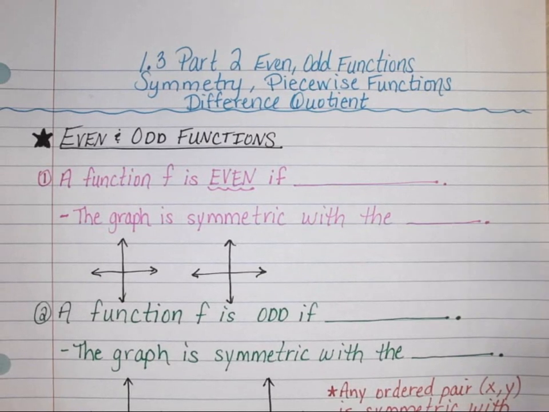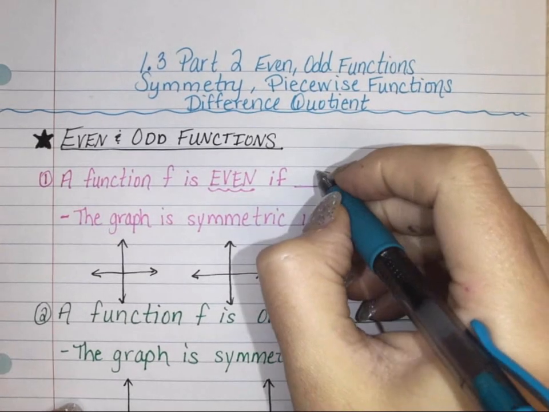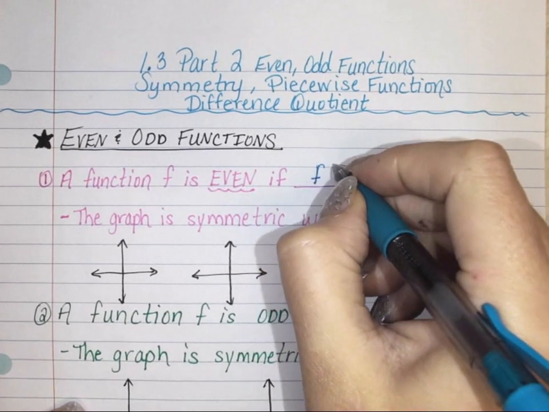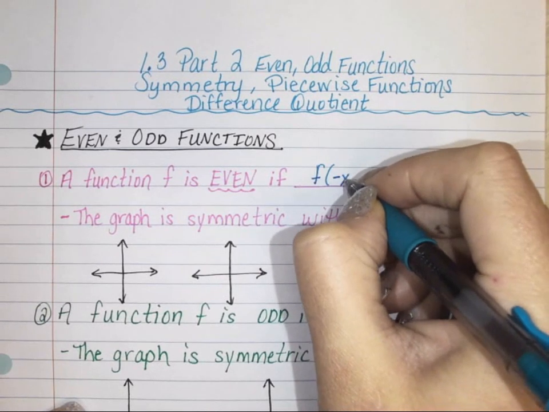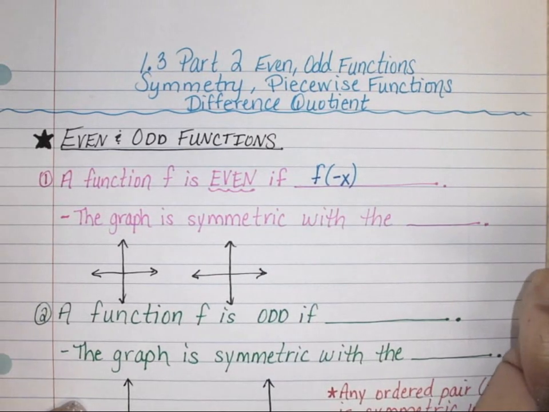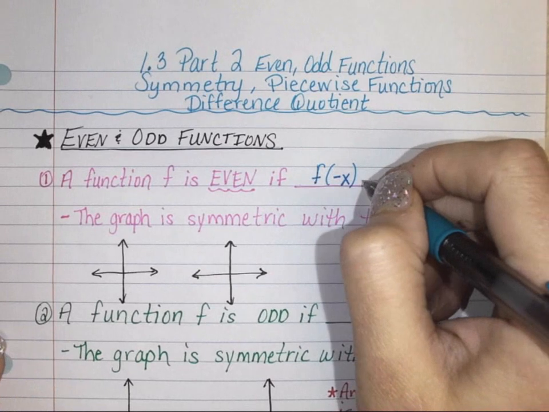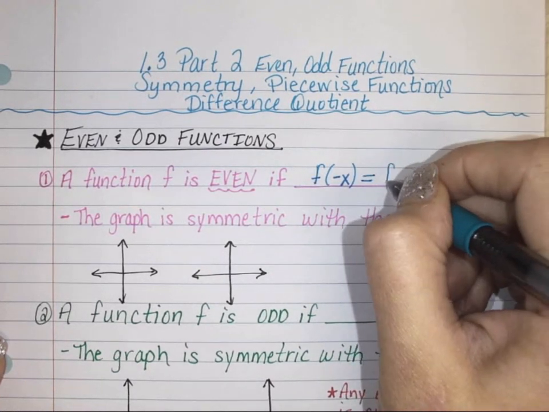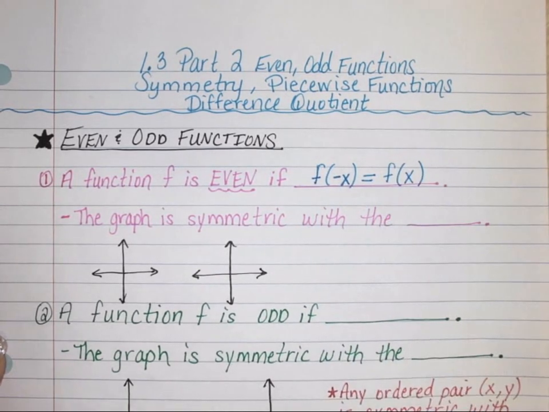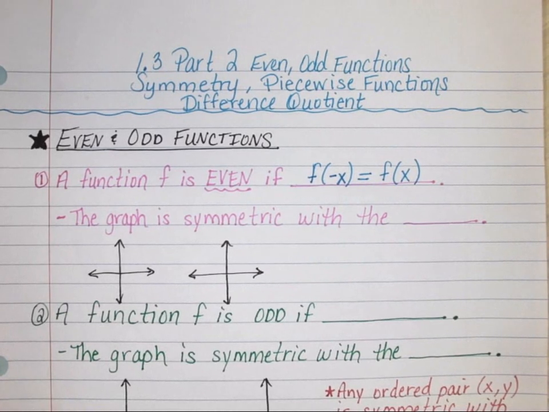The first thing we're going to talk about is even and odd functions and what they look like graphically as well as algebraically. What makes a function even is if you plug in negative x everywhere you see a variable in your function, and the result is your exact same function that you began with.